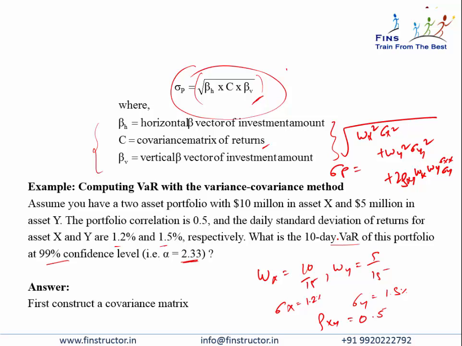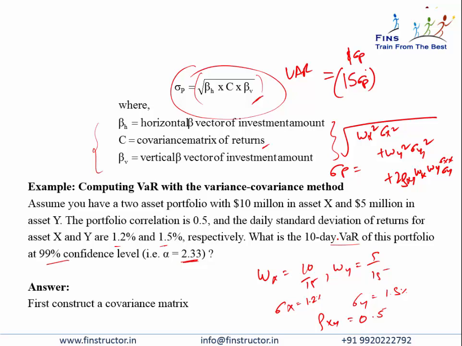Well, the VAR will simply be the sigma of the portfolio in absolute terms. So this will be the percentage sigma. The absolute value of the portfolio is 15, so 15 into the sigma that you've calculated. This will be the standard deviation in dollar terms.